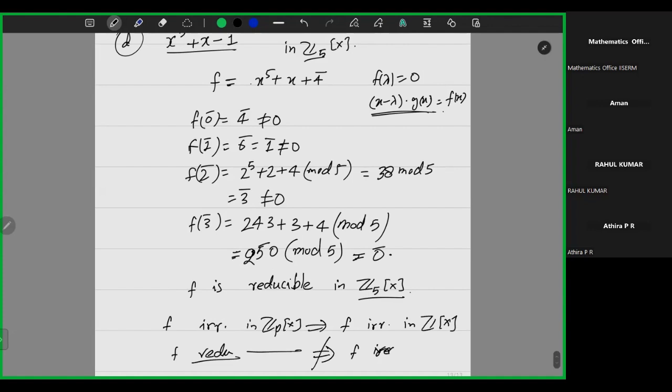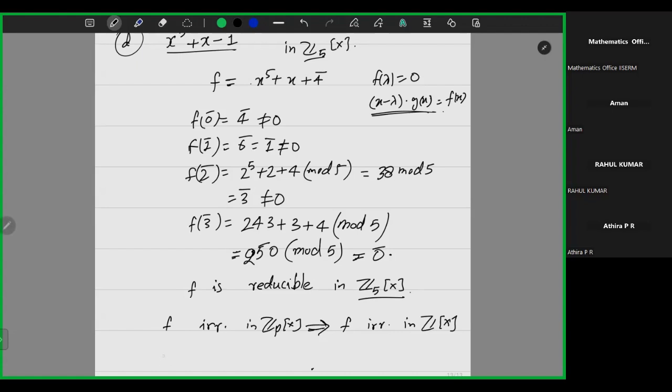So this conclusion, we only have this much. If f is irreducible in Z5[x], we are sure that f is irreducible in Z[x]. But if it's reducible in Zp[x], we are not sure that f is reducible in Z[x]. It can be irreducible.